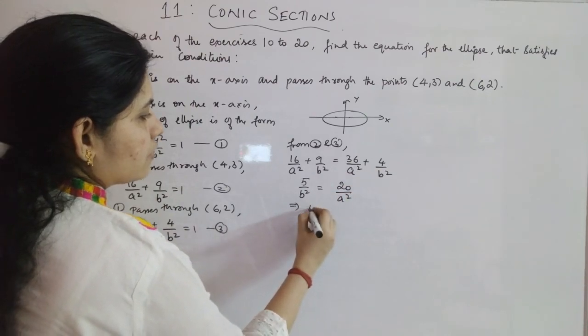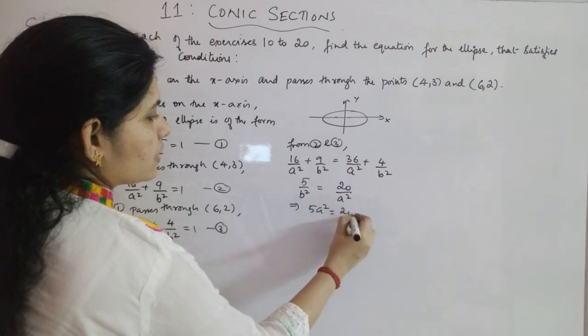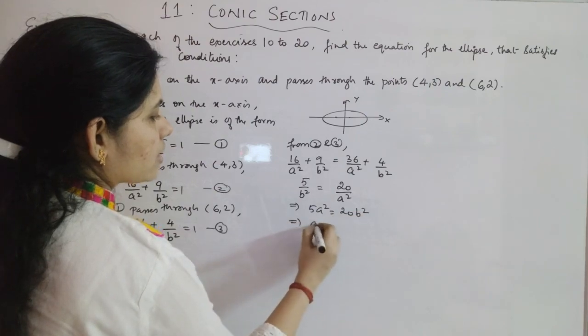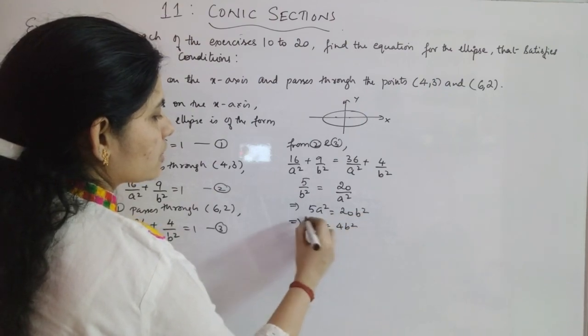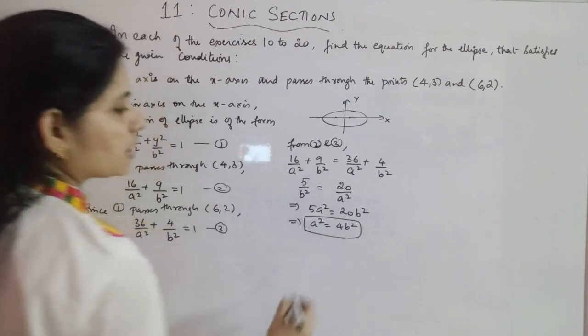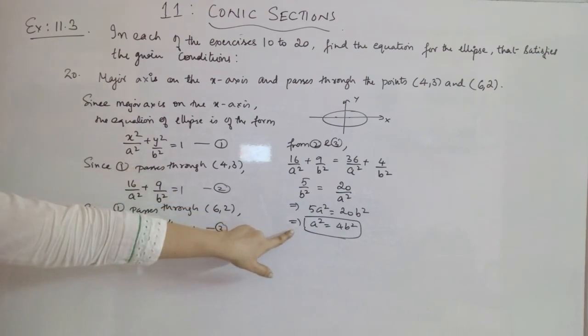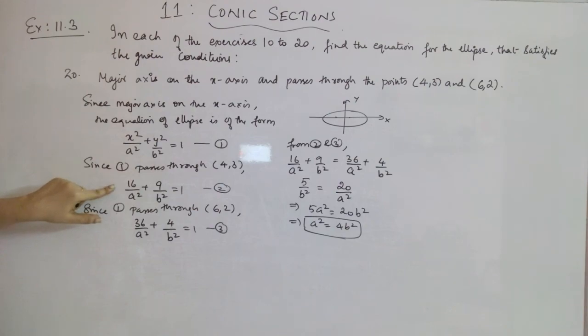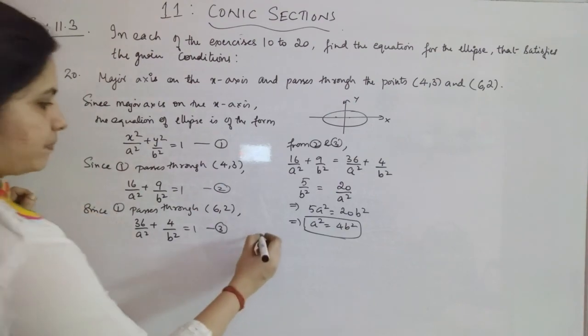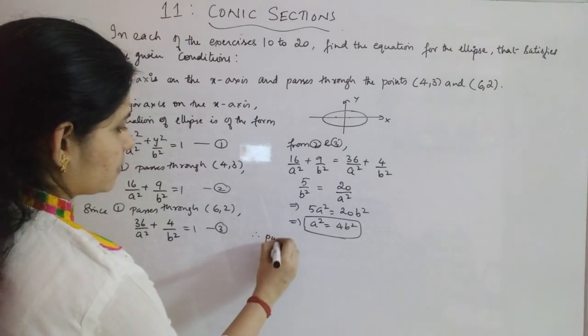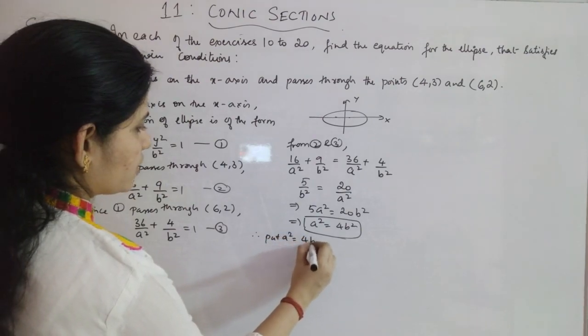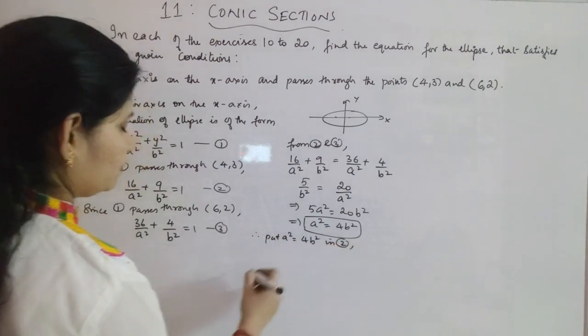That means 5a square is equal to 20b square or a square is equal to 4b square. So the relation is same but the equation will be different. Okay. Now what you have to do? Find out the value of b square. So we will just replace this value in any of the equations and find out what is b square. Therefore put a square equal to 4b square in equation number 2.